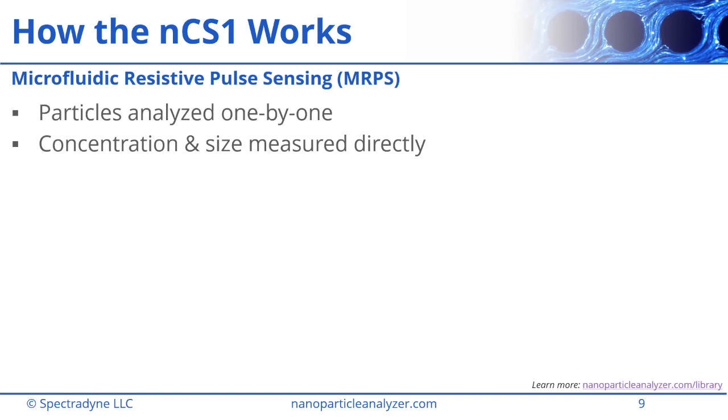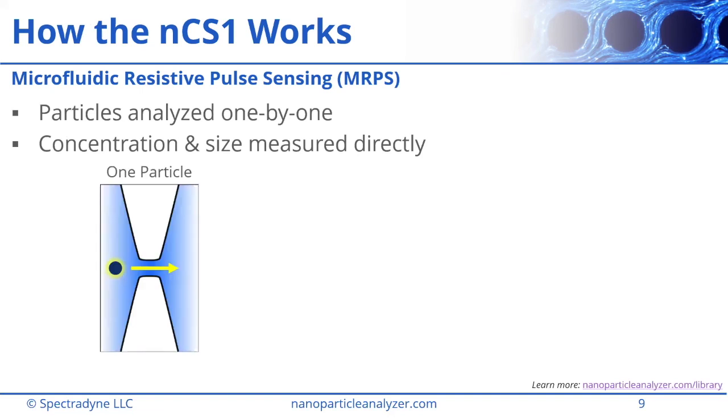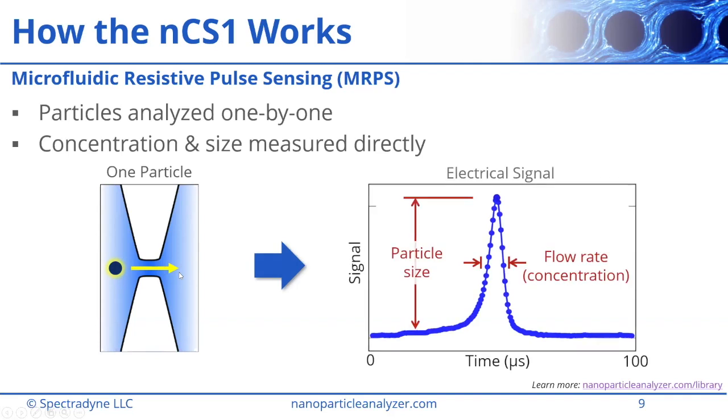In this technology, particles are measured one by one very quickly. The way this technology works is we pass the sample through a constriction in the fluid flow. So we flow the sample through a bottleneck in the constriction. And every time one particle goes through this constriction, we get an electrical signal that looks like this.